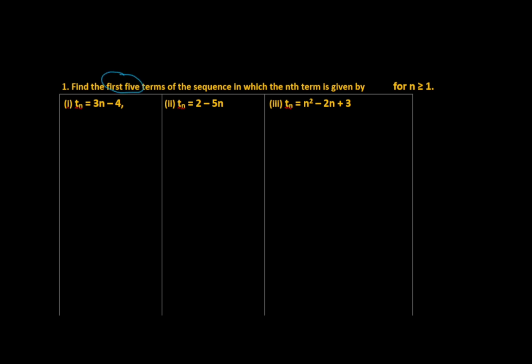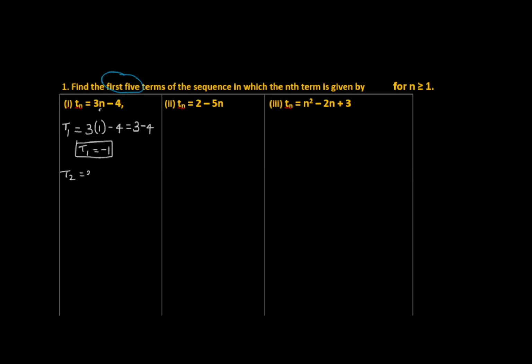So for finding the first 5 terms, say T1. T1 means in the place of n, we need to replace 1. So 3 into 1 minus 4. We are getting 3 minus 4. So 3 minus 4 is minus 1. So this is T1. T2.